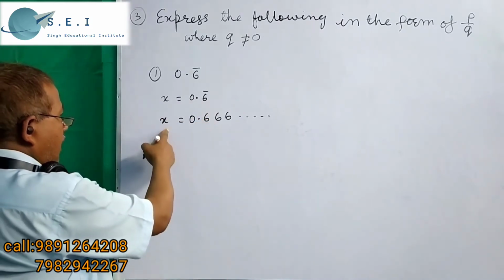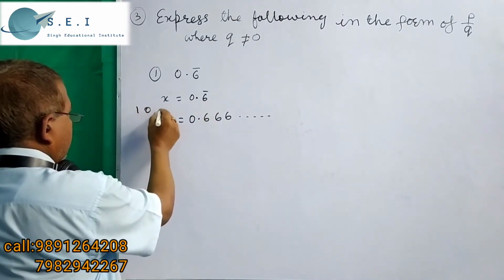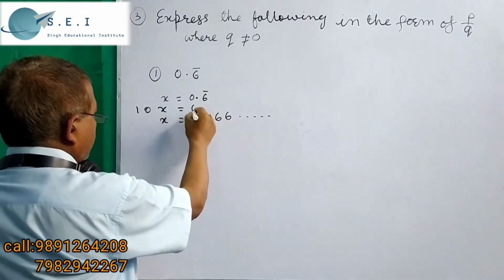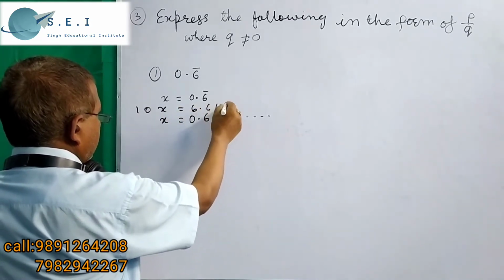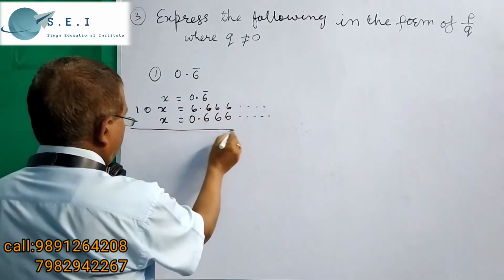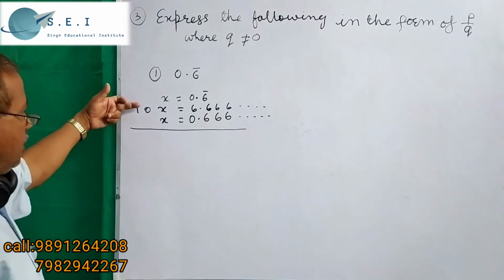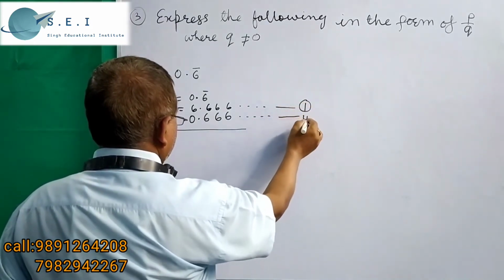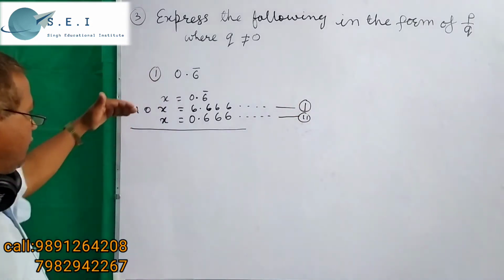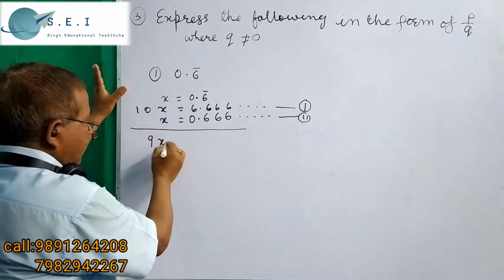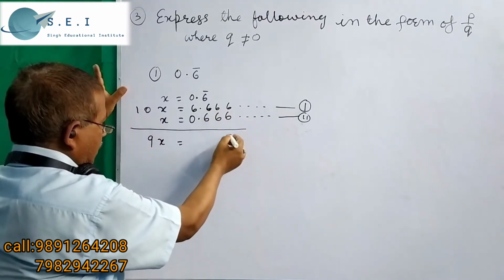So 10 multiplied by x is 10x, and 0.666 multiplied by 10 gives 6.666 and so on. Now subtract the first equation from the second. 10x minus x gives 9x, and the repeating part is cancelled out.